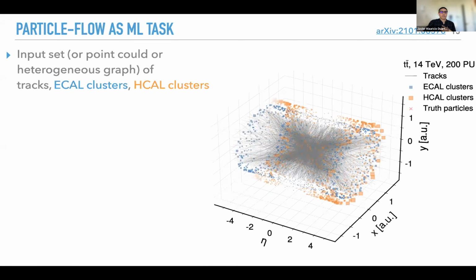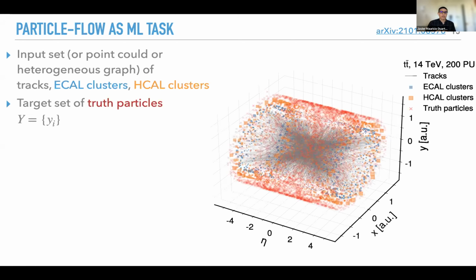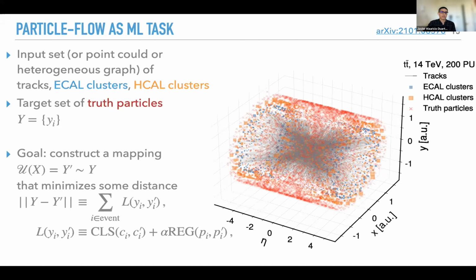And then you can have a target set of truth particles. Here we're just showing characteristic placement, although particles are really these four-momenta, so they're like tracks as well. And what you want to do is take these inputs and assign them to some truth particle.